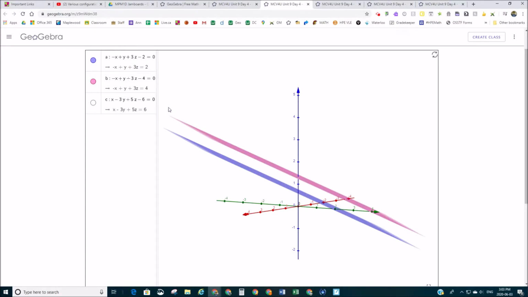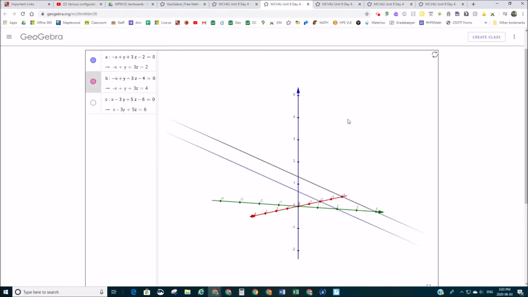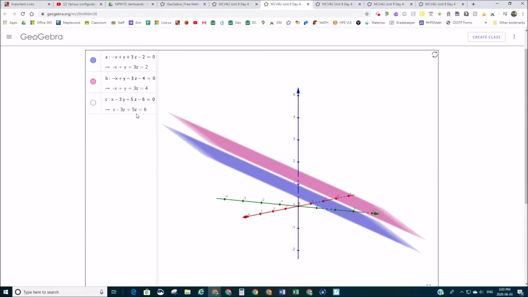Let's predict if the second plane is different, and yes, indeed it does look different, so that's good. Now I wonder about the third one. Let's check its normal: 1, -3, 5. That is not a scalar multiple of this, so I'm going to predict it is not parallel, and indeed it's not.